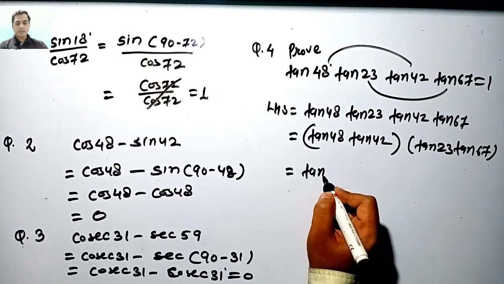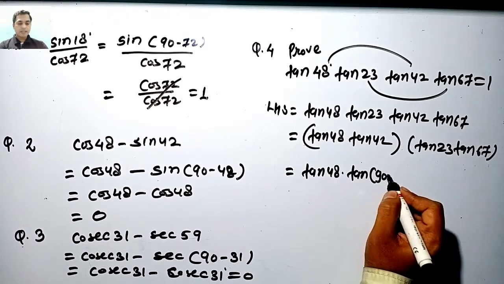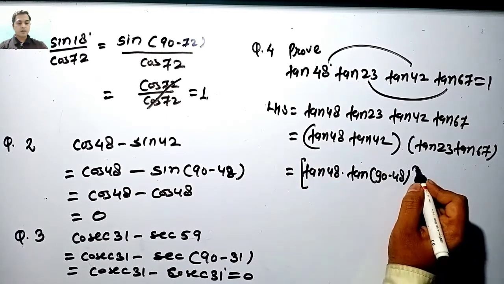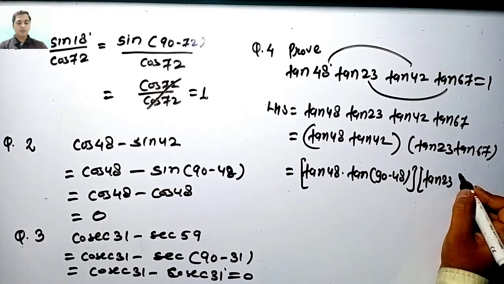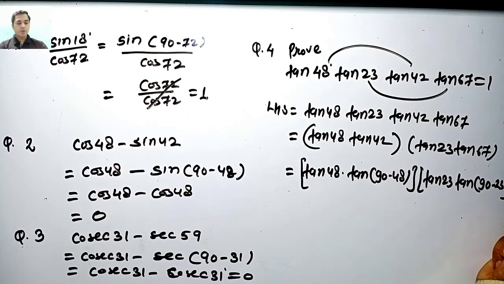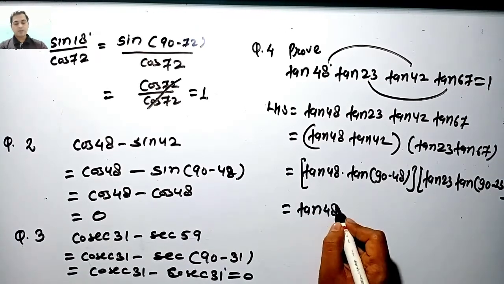Tan 48 will be as it is, and tan 42 can be written as tan(90 minus 48). Similarly, tan 23 will be as it is, and tan 67 can be written as tan(90 minus 23). Right students, we know that tan(90 minus theta) is equal to cot theta.